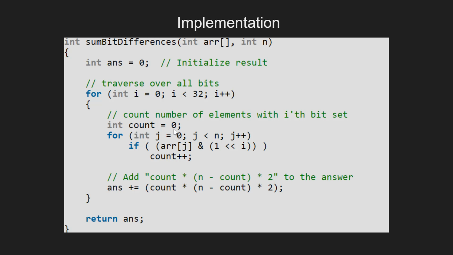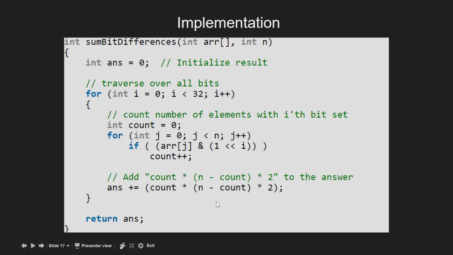We calculate those integers by running another for loop with the value of j from 0 to n. Each time we check for the set bit at the ith position by taking the bitwise AND of the integer with 1 left shift i. And if we find the bit as set, then we increment the counter count.